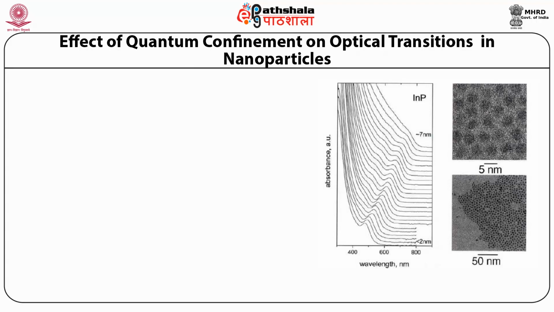The effect of quantum confinement on optical transitions in nanoparticles is best exemplified in their absorption and photoluminescence spectra, as shown in this figure, which also shows the TEM images of the smallest, that is 2 nanometer, and largest, 7 nanometer, nanoparticles.